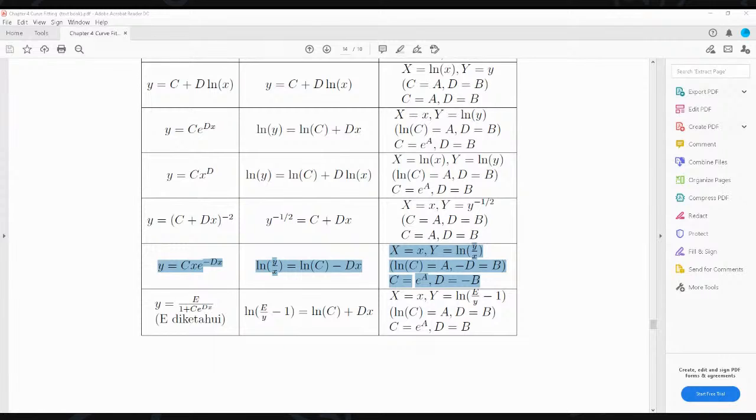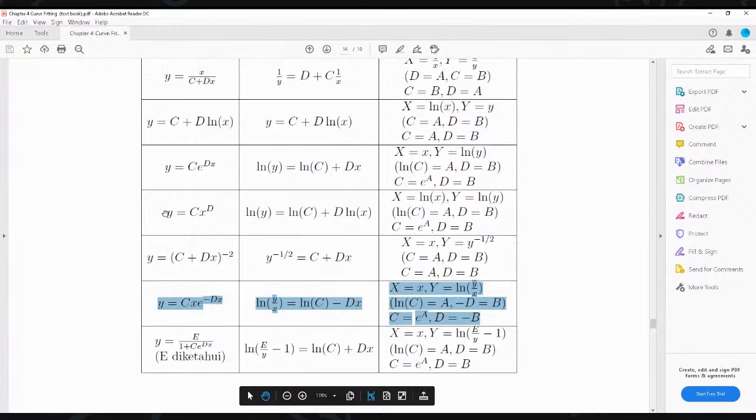We need to express this because you need to know how to transform from nonlinear to linear. Now let's go to this one: y equals c x to the power d.